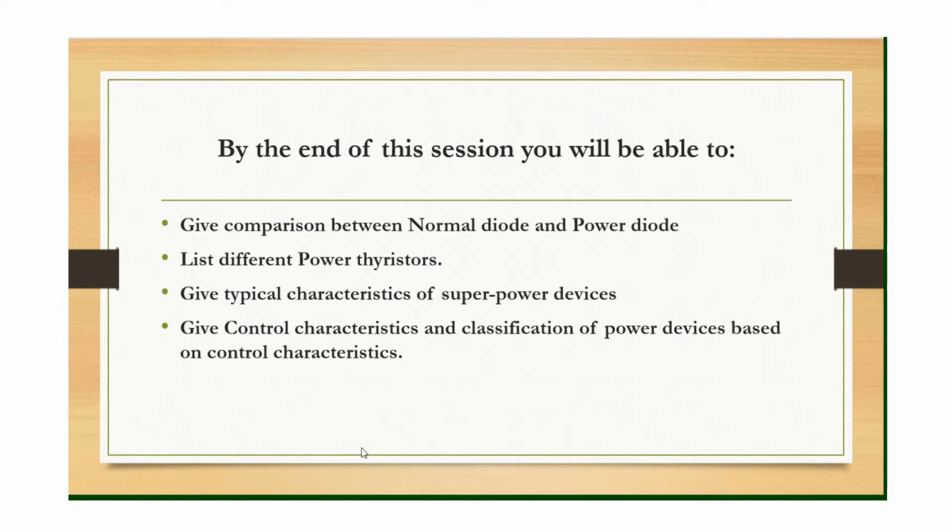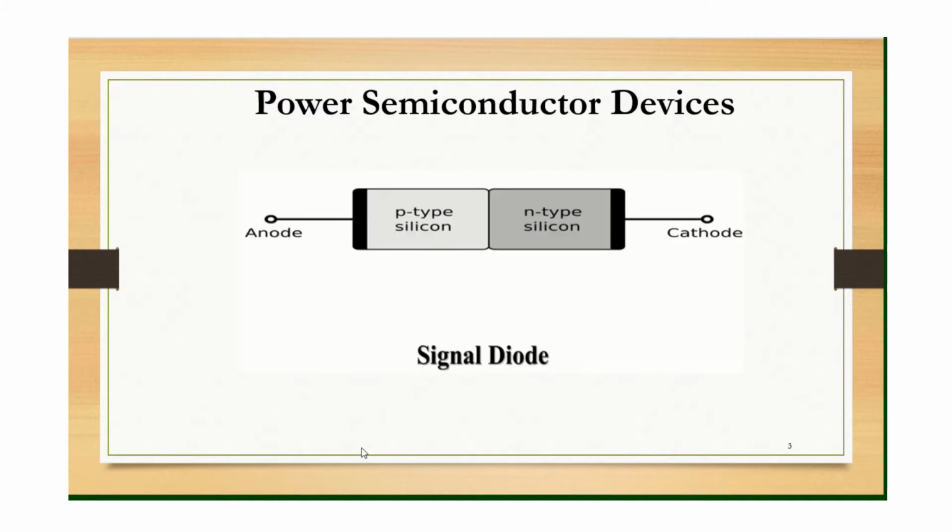So mainly when we compare the normal diode with the power diode, a power diode is not much different from a normal diode. As you can see, the normal diode, as I have named here, is also called a signal diode.